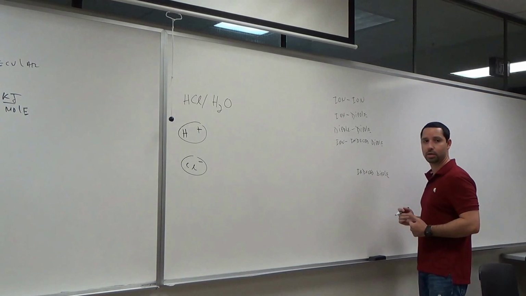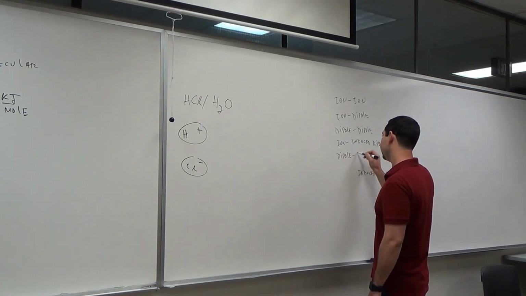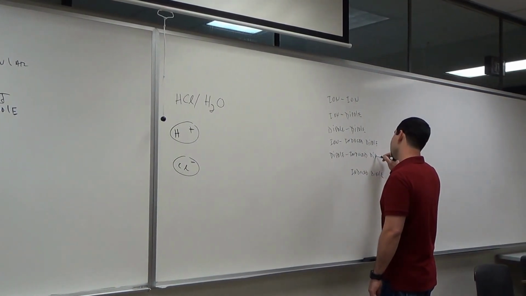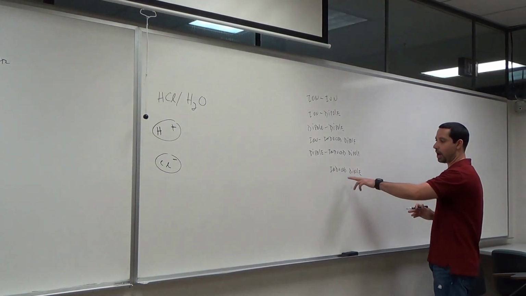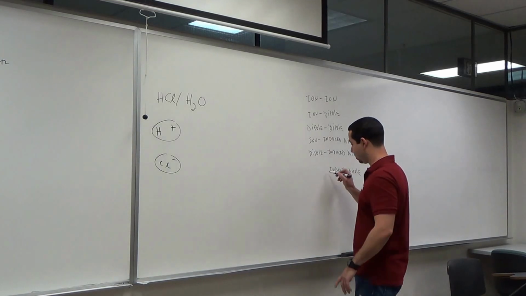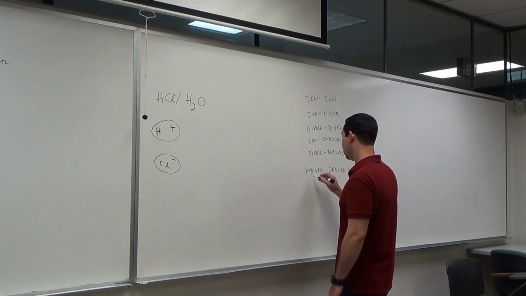And then dipole-induced dipole. And of course, the last one is going to be called induced dipole, induced dipole. The name for induced dipole is called London dispersion forces, yes?